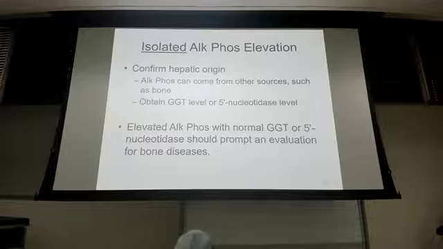So alk phos isolated up, GGT good to go, 5-nucleotidase good to go, start thinking that that alk phos is elevated due to bone disease. And that's another lecture for another ology.